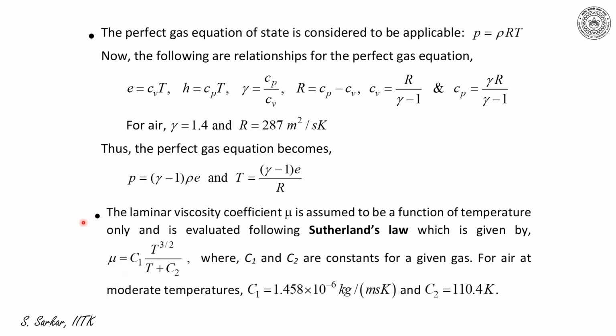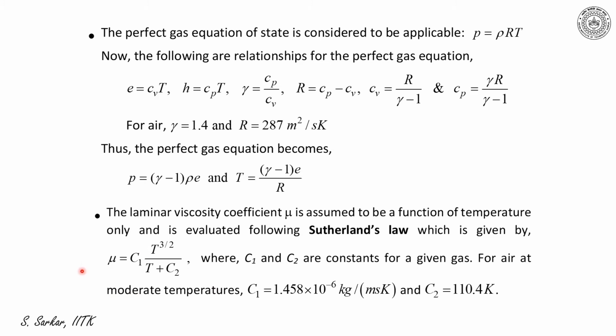Furthermore, the laminar viscosity or the coefficient of viscosity mu is assumed here to be a function of temperature only and is evaluated following Sutherland's law, which is given by mu is equal to C1 T to the power 3/2 divided by T plus C2, where C1 and C2 are constants for a given gas.